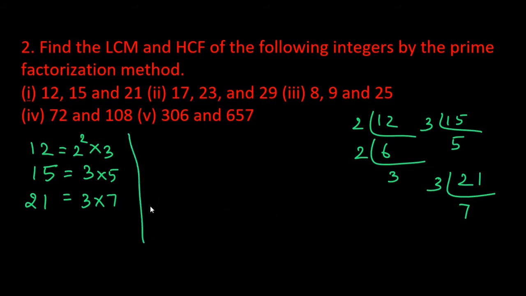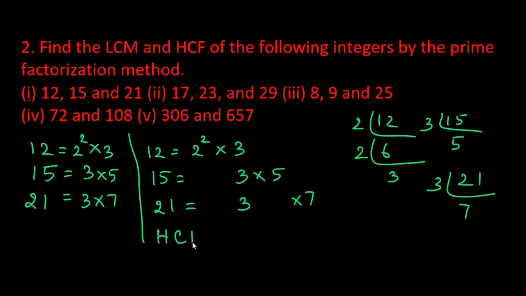So we can write it in this way. 12 is equal to 2 power 2 into 3. 15 is equal to 3 into 5. 21 is equal to 3 into 7.